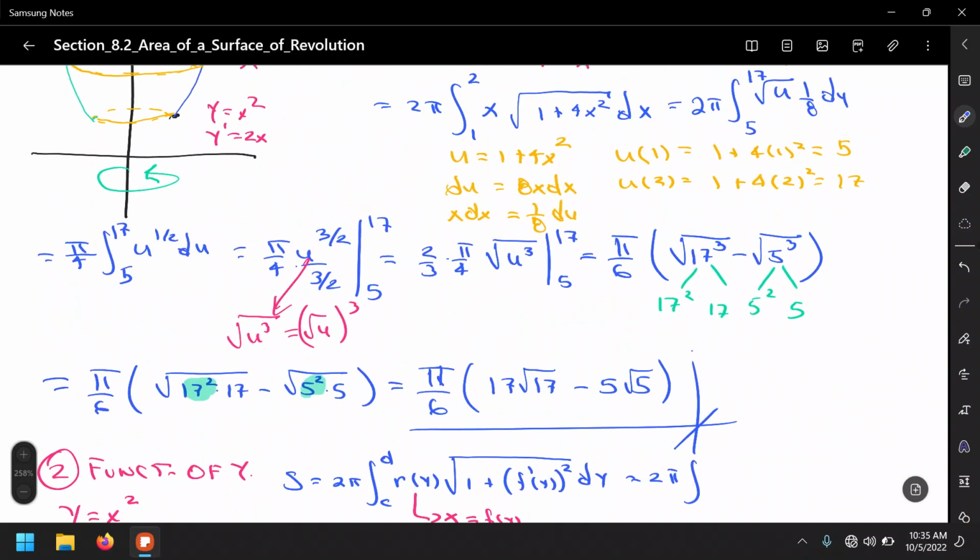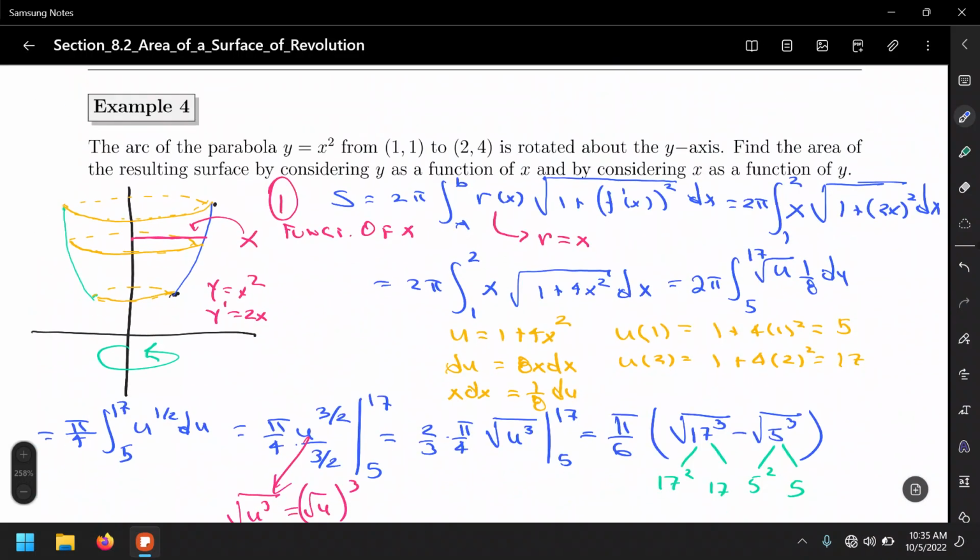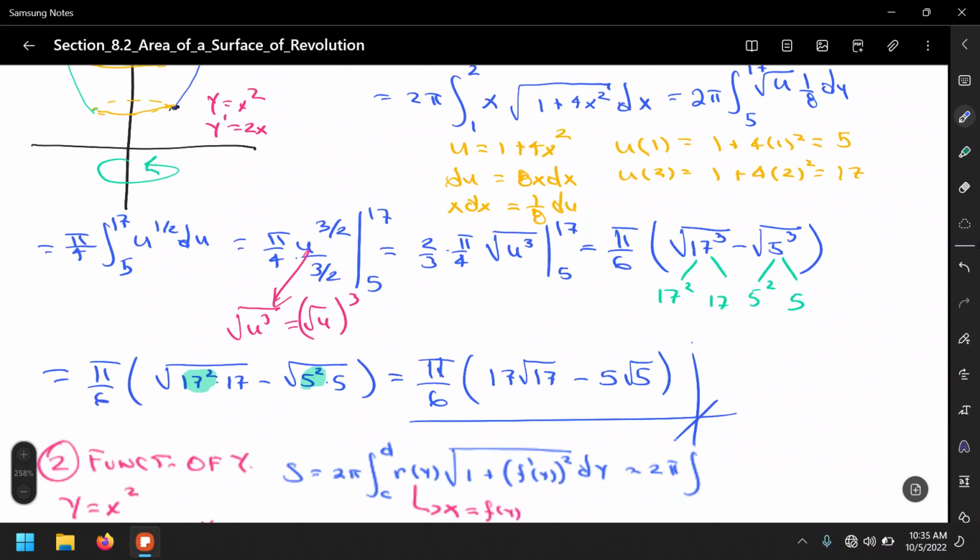If we were given only values of x and y, it would have been our job to figure out the y values by plugging them into the original function. But in this case, we're given ordered pairs. So for the limits of integration for this integral in terms of y, all we're going to do is use the y values of the given ordered pair. So this integral is going to go from 1 to 4.